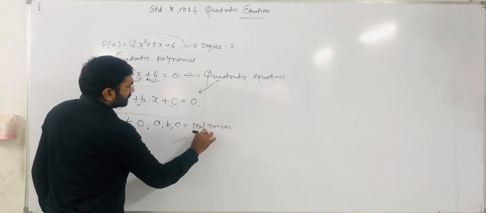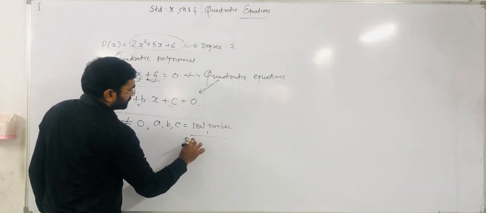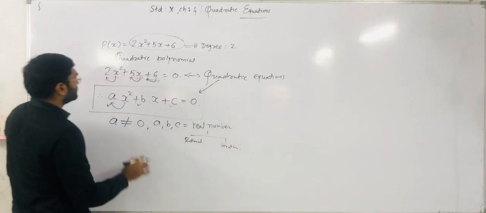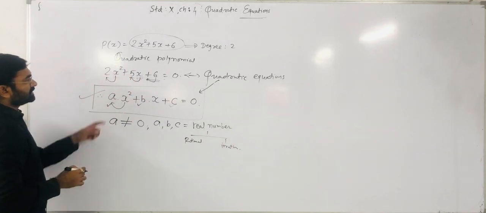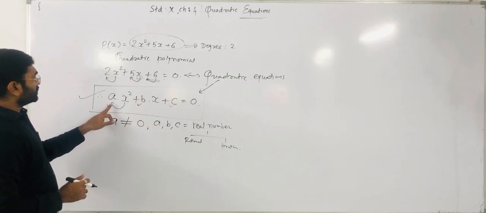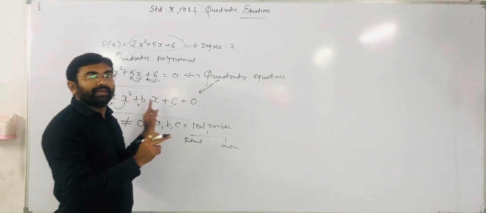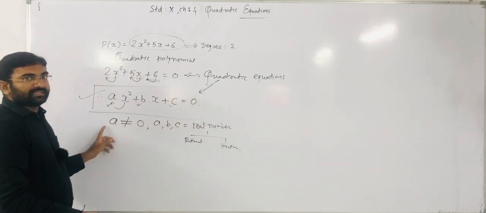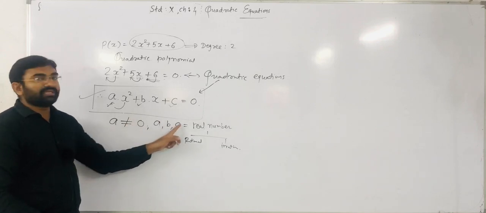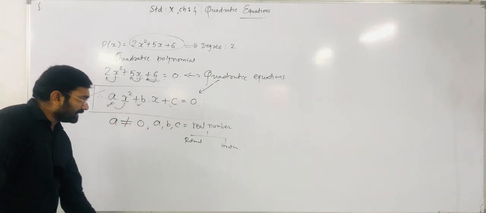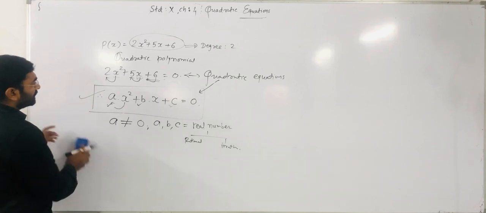Real number means you can take rational numbers as well as irrational numbers, right? So you have to remember the standard form of a quadratic equation, which is ax square plus bx plus c is equal to 0, where a is not equal to 0, and a, b, c, which you can call the coefficients, can be any real number.